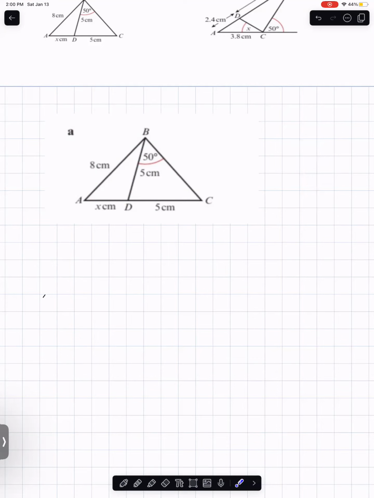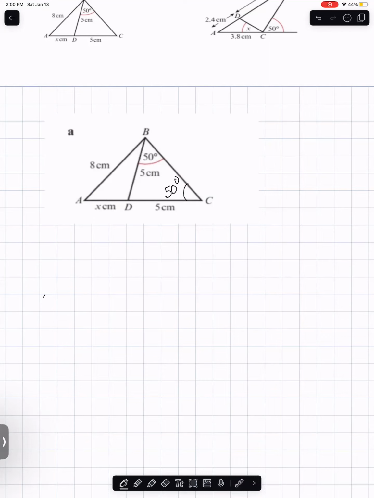So looking for x on this, we have to take note of what we have here. We have our angle 50 degrees marked here, which is side 5 cm. And here is also 5 cm, so it shows that these two sides of this triangle are equal. So I'll mark that point here as 50 degrees.